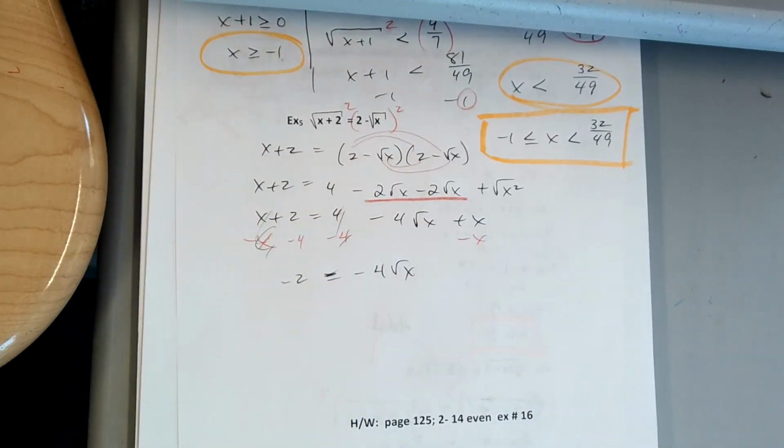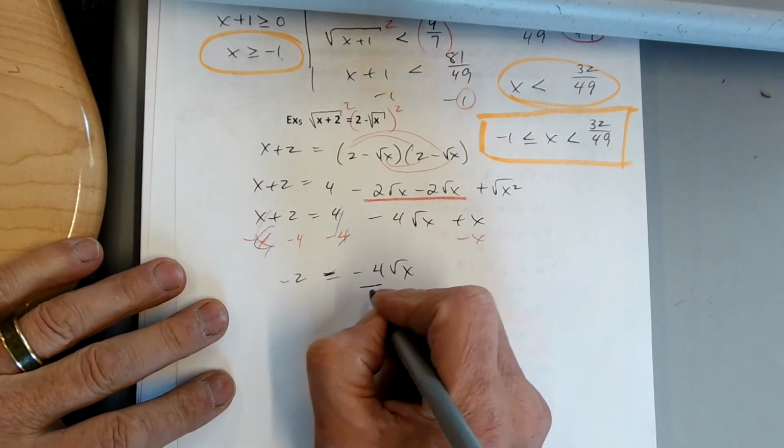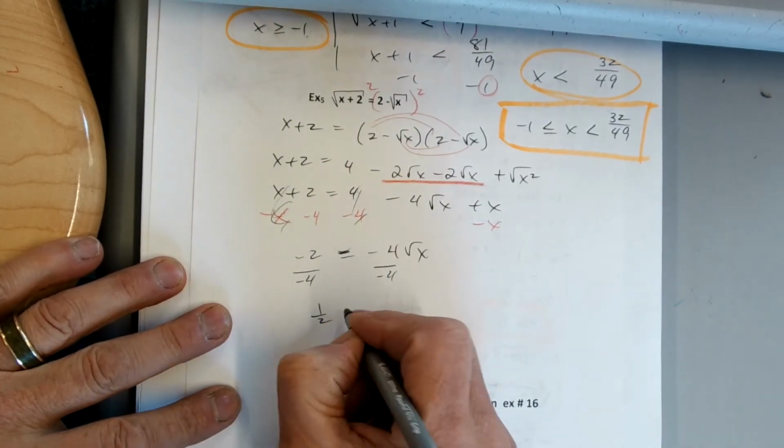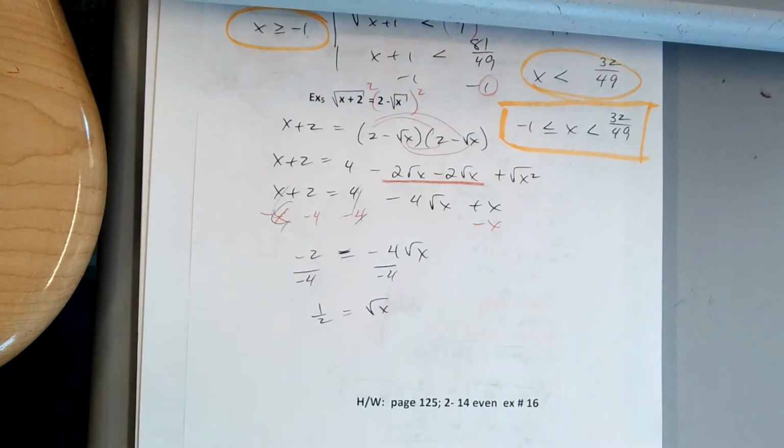So what makes this problem an extra credit problem is now we get a square again. So you square this problem twice. So if I square the problem, actually let's divide by negative 4 first. Okay, divide by negative 4, divide by negative 4, and I'll have a 1/2 equals the square root of x, okay? And now I'm going to square it one more time, okay?